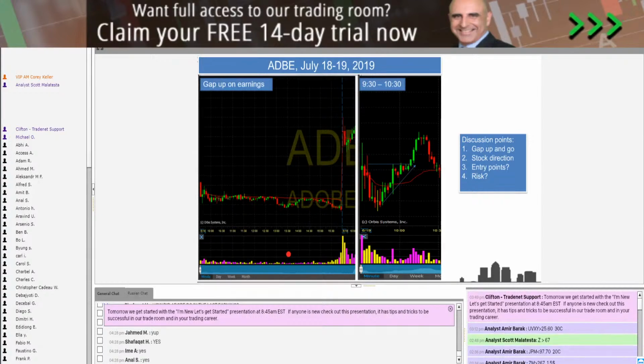Okay, now things are getting a bit complicated. First of all, now it's 10:30. We did have the breakout over the blue line, a leg up, which pretty much was for less than 10 minutes.